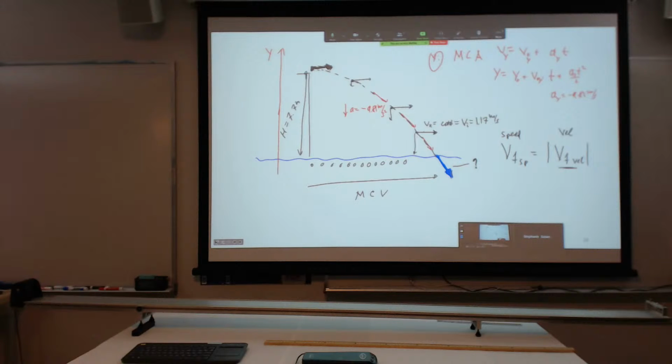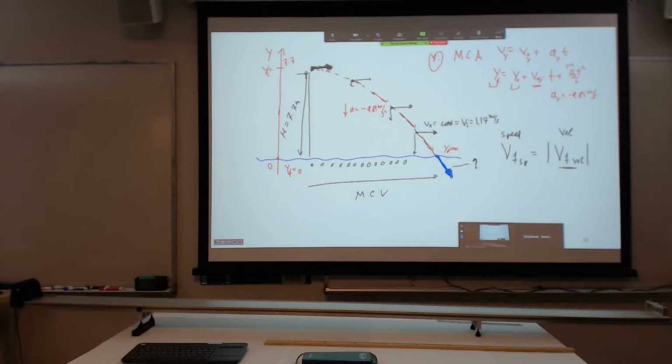We know that if we set the origin at the lowest point, the water, y initial will be equal to 7.7. But when she lands, y final will be equal to what? 0. So we know this. If we only knew the y component of the initial velocity, can you tell me something about this?